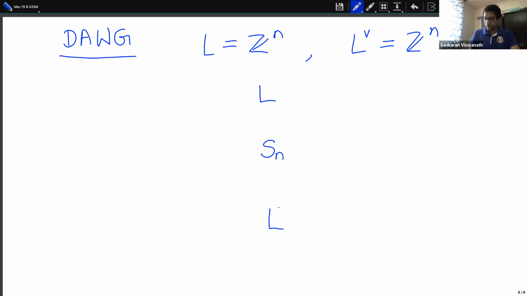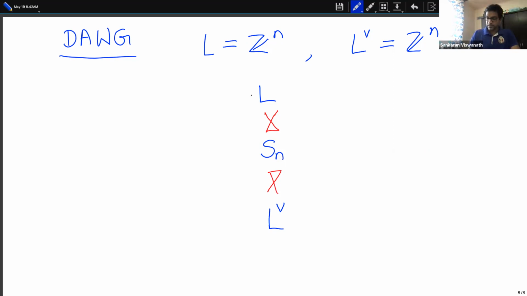But on the other side, we'd also put L check, so there's also going to be another component, Sn semi-direct product L check. Think of it as a group which is generated by the generators of Sn and by the lattice, such that Sn and L interact via the semi-direct product relation. The same with L check.